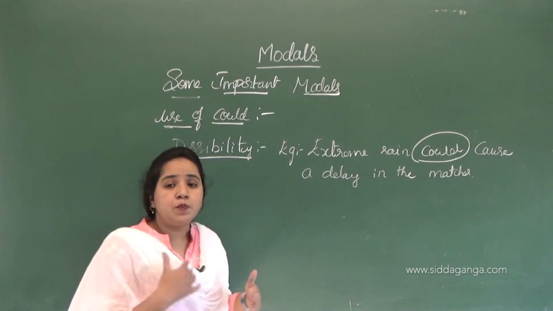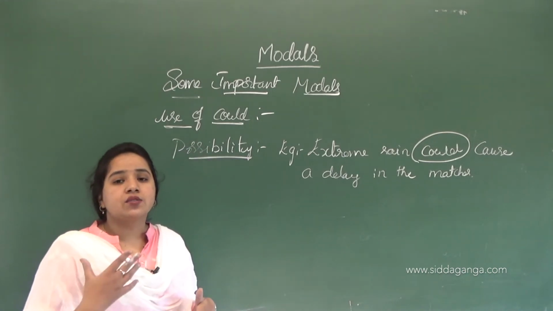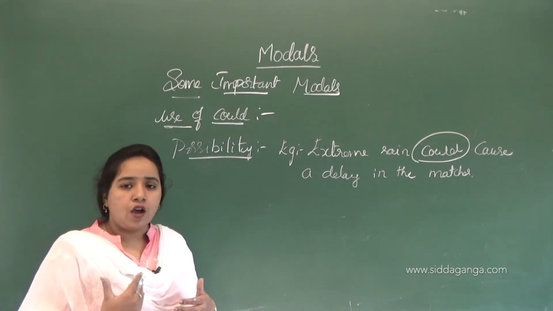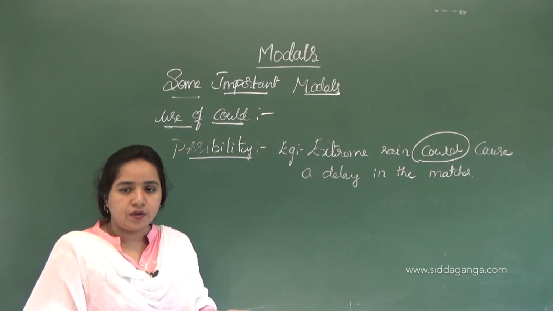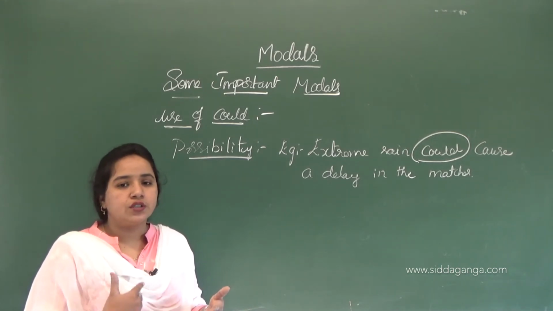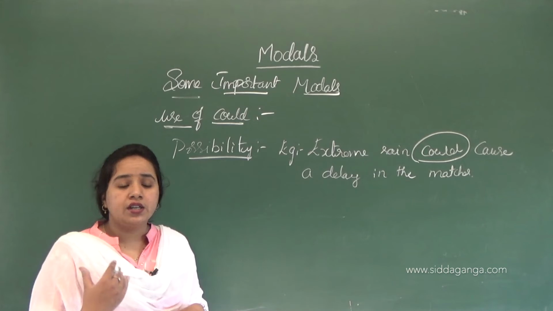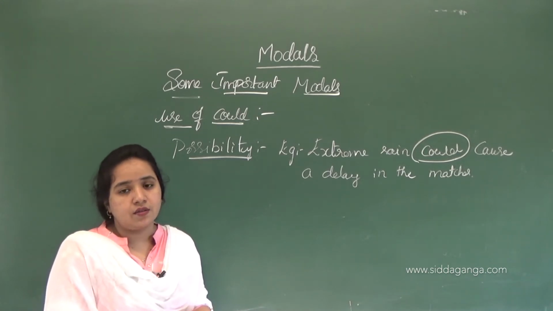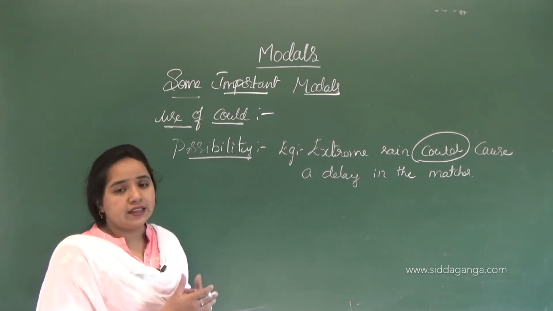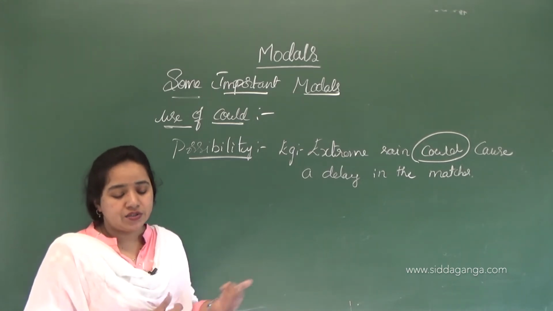It is possible in the future, after half an hour. You can take it as present tense also, or as future tense. So there is going to be a delay in the matches because of the extreme rain.